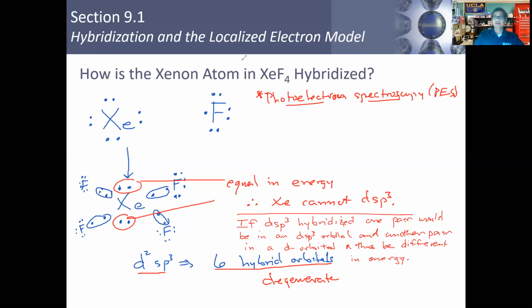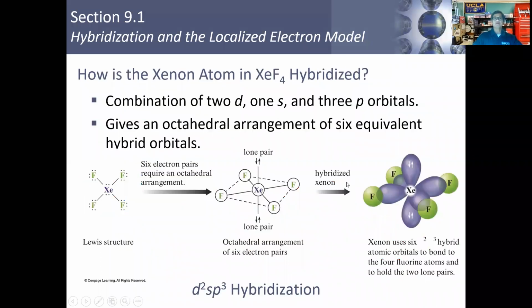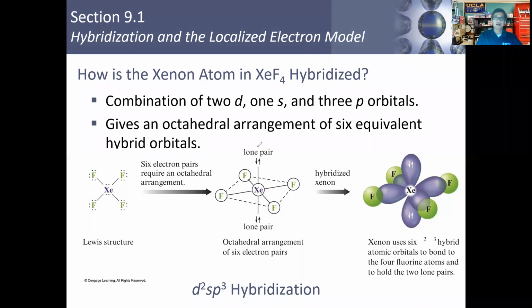Let's go ahead and continue on. And so there it is. Xenon tetrafluoride is going to be d2sp3 hybridized. With that said, we have the 6 electron pairs, each occupying one of the hybrid orbitals. 4 of those pairs will occupy a bonding interaction between fluorine and xenon, and the remaining 2 hybrid orbitals will be occupied by the non-bonding electrons in the lone pairs.